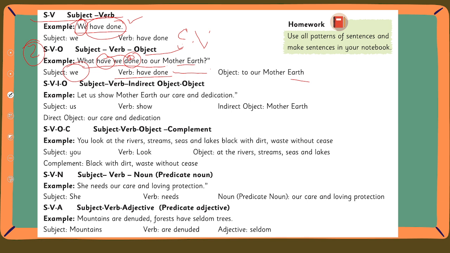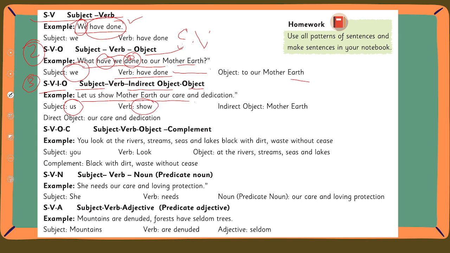Now, similarly, we have another pattern, subject, verb, and indirect object, and then your direct object. Let us show Mother Earth our care and dedication. Us is the subject, showing or to show something is the verb.